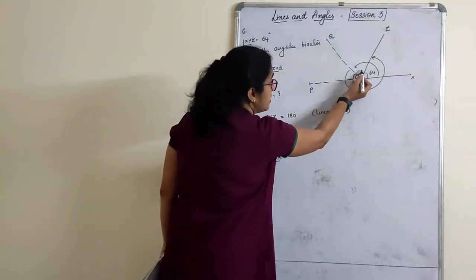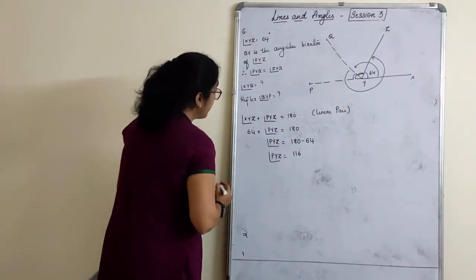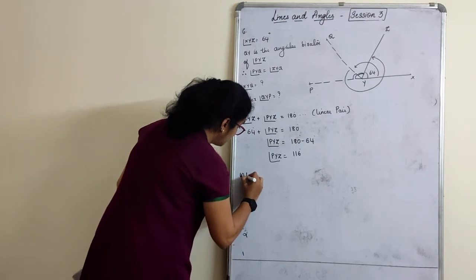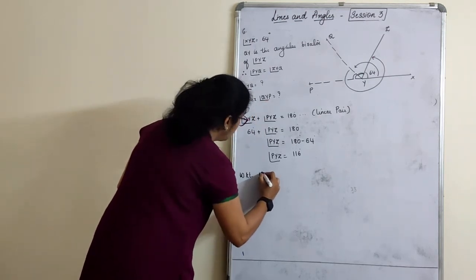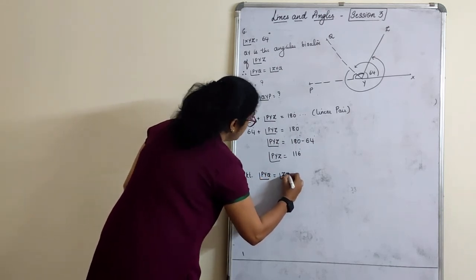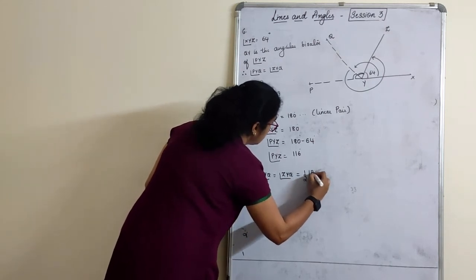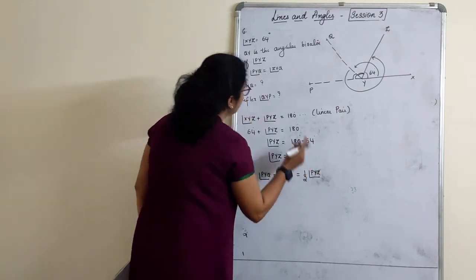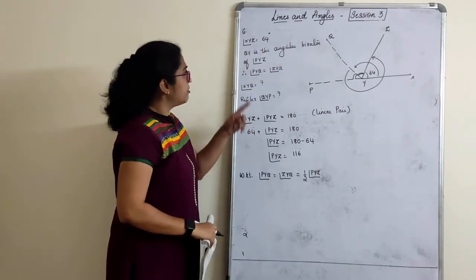So this whole angle is 116, children. Now we know that the ray bisects. We can write that angle PYQ is equal to angle ZYQ is equal to half of angle PYZ, right? Why? QY is the angular bisector of PYZ, already written here.